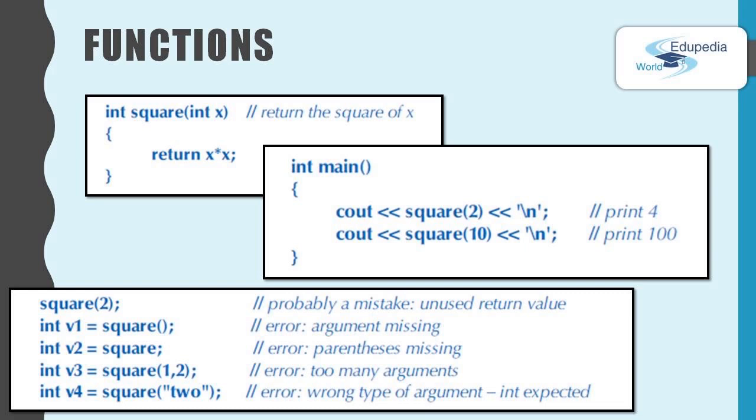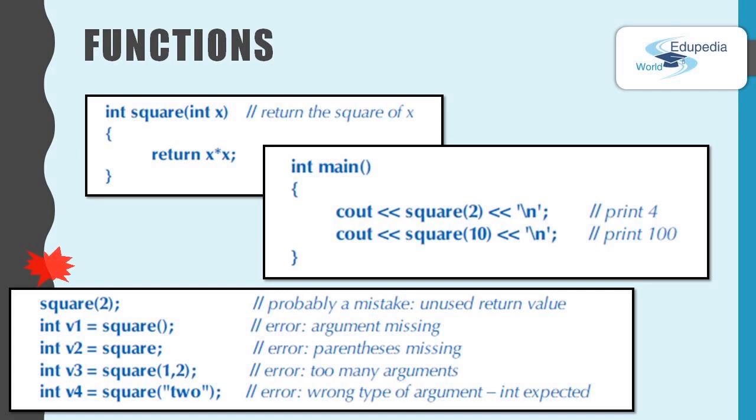So in the square function, 2 multiplied by 2 is 4, so it will print out 4. In the second cout, it calls the square function with the int argument 10. So 10 multiplied by 10 is 100, and with the cout, it will print out 100.